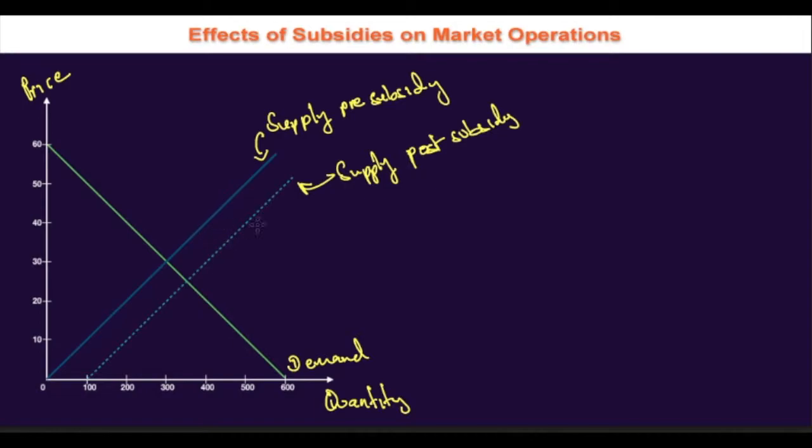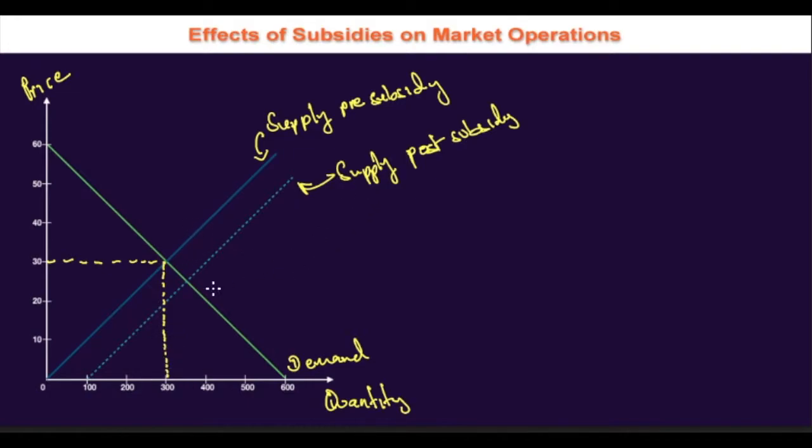Now we need to label the equilibrium price pre-subsidy and post-subsidy. If this is the line for supply pre-subsidy, where they intersect is at price 30, and this we have already calculated through the equation, and the quantity demanded at equilibrium would be 300.